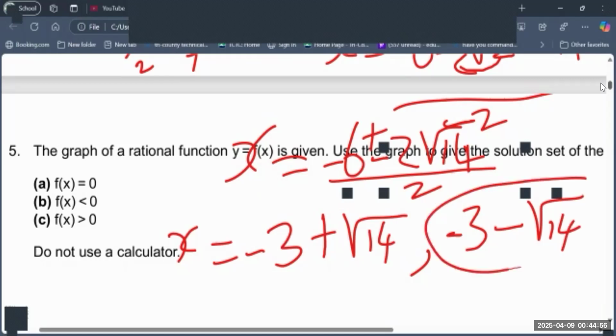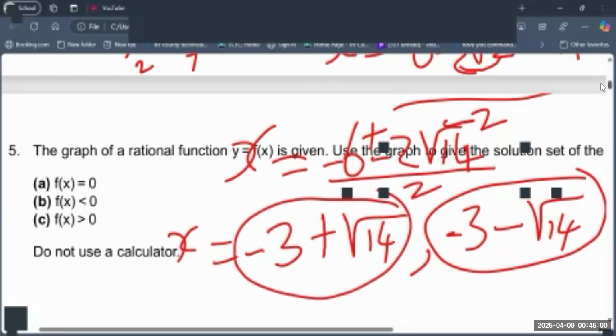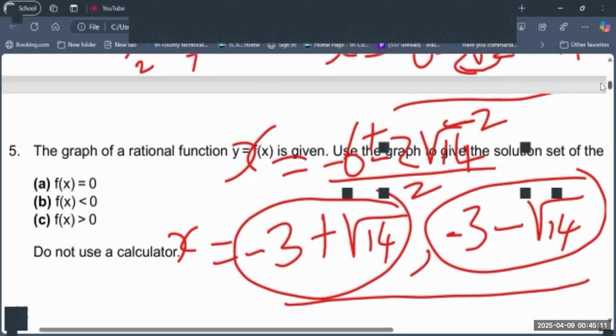Remember, I should have 2 answers because it is quadratic, a polynomial with the highest exponent of 2. So these are my answers in exact form. Exact form means I shouldn't have decimals.